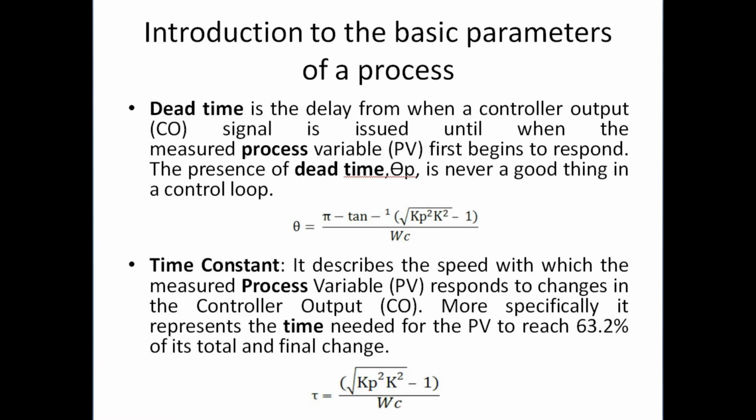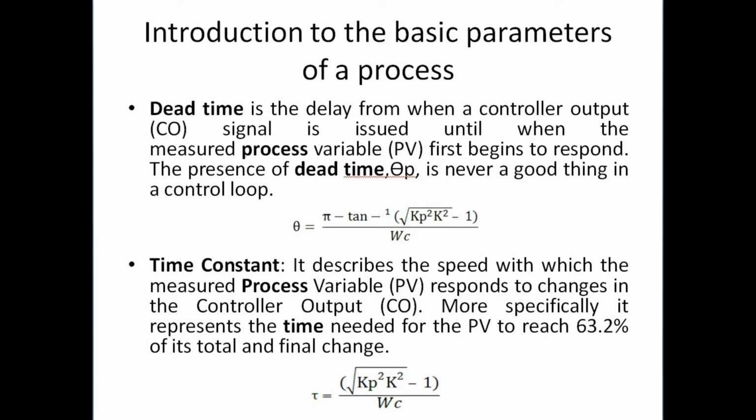That means whenever you are applying a signal from the controller to a process, it takes some time to respond, and that time delay is nothing but the dead time.